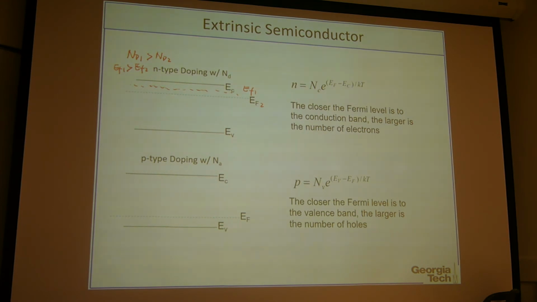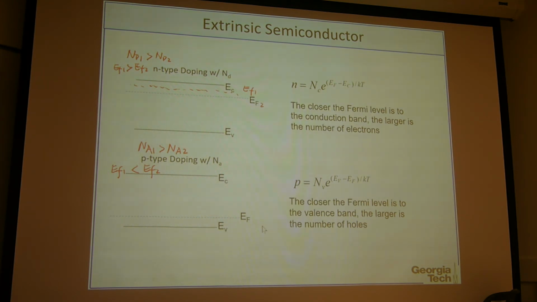And similarly, if we have the condition for p-type doping, NA1 larger than NA2, then of EF1 and EF2, which one is higher? This is opposite, because for p-type doping, if you have higher p-type doping, that means more holes.